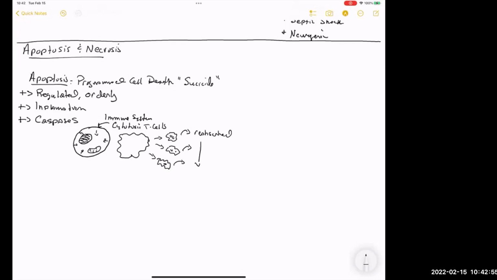And sometimes apoptosis is normal. We actually want apoptosis. For example, in normal neonatal development, the baby's hands will be webbed. So you get webbing in between the digits.